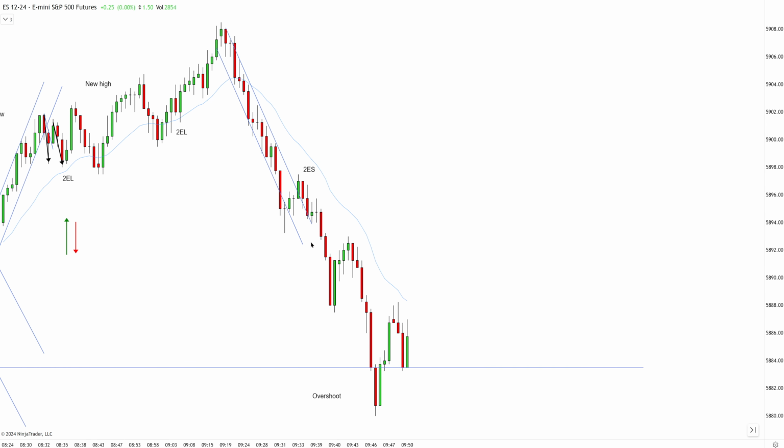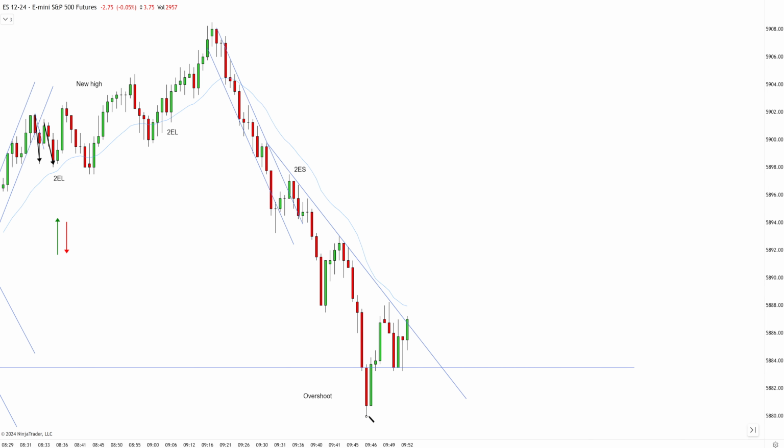Now, when I'm watching this, I'm also thinking about the possibility of a spike and channel pattern. Why am I thinking about this? Well, because of a break to a new extreme and there was an additional push down. But more importantly, we can see we can't even touch the exponential moving average. And we already have a one steep leg break and it looks like there cannot be a broader trend like this.